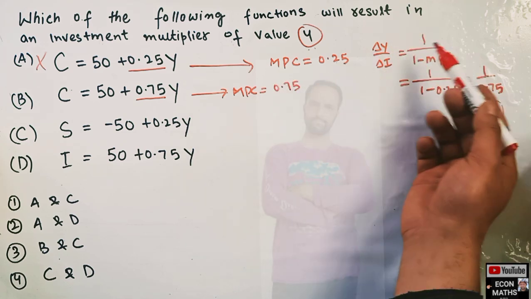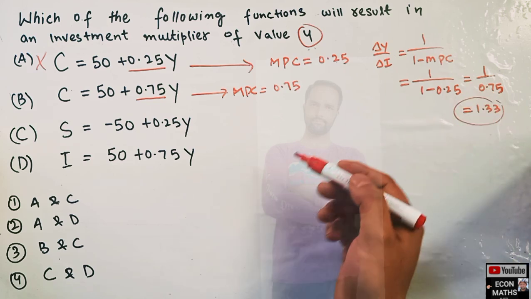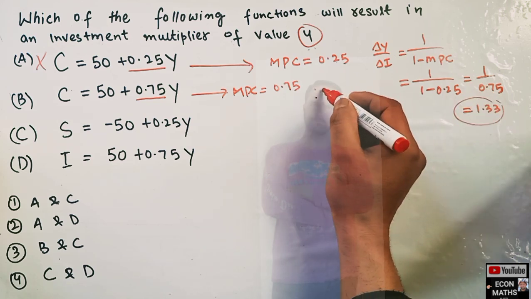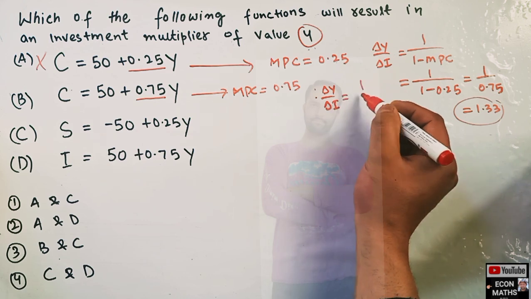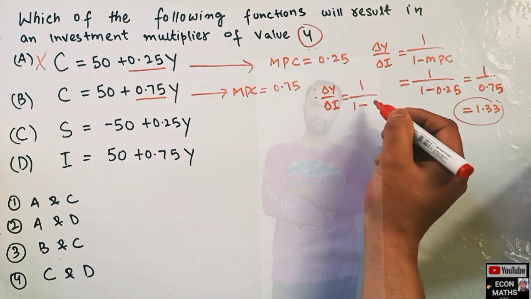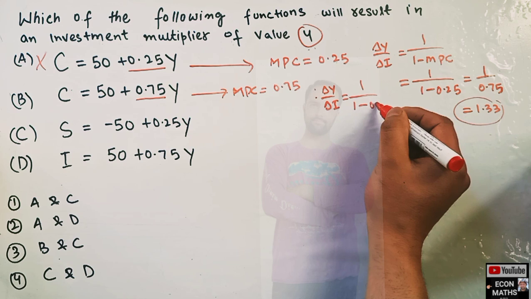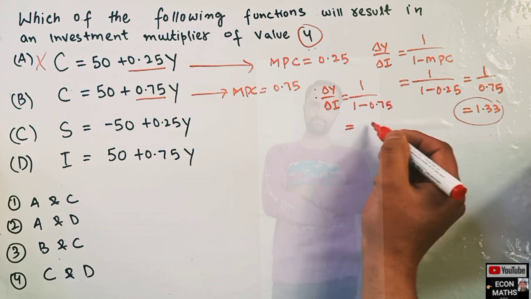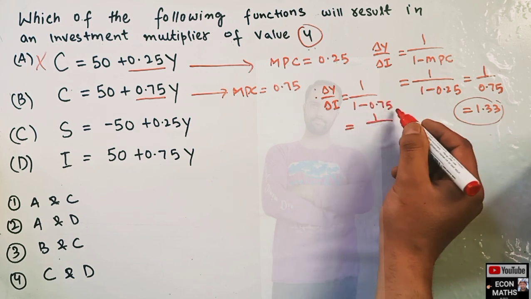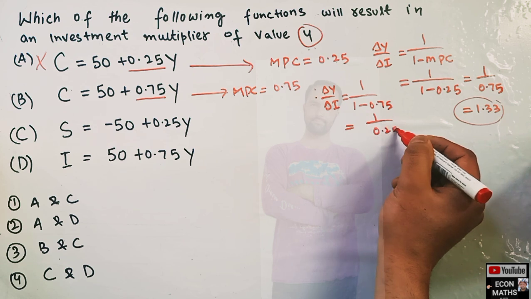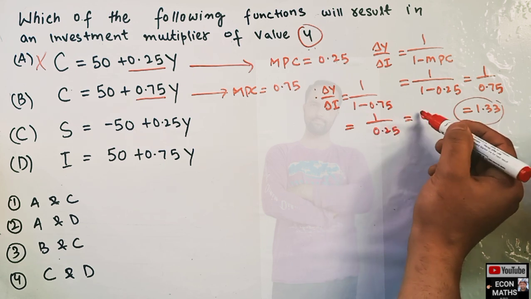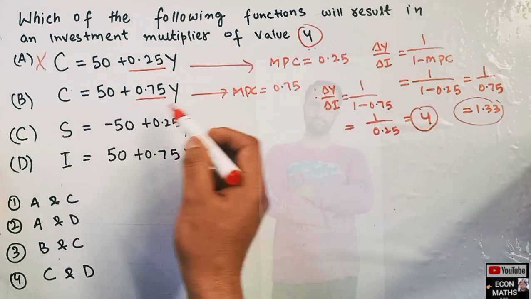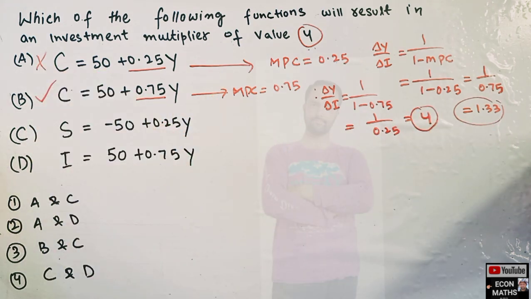The investment multiplier is given by del y upon del I, which is equal to 1 divided by 1 minus MPC. 1 minus 0.75 is 0.25. 1 upon 0.25 comes out to be exactly 4. So this option is correct.